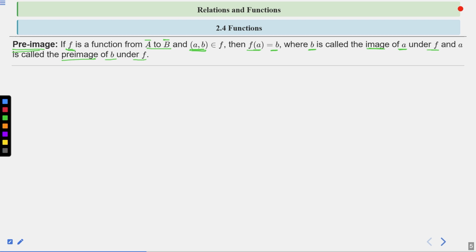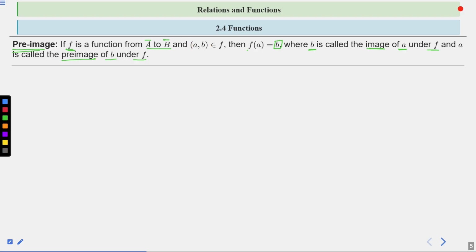Simple. What we are saying is simply that b is your image of what element? a. And a is your preimage of what element? b. Clear?